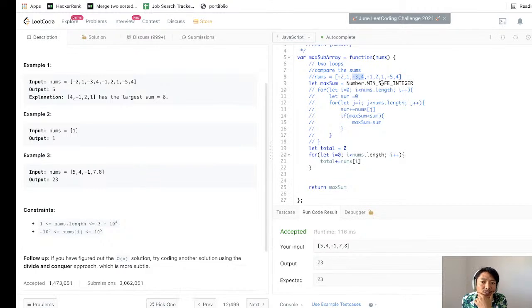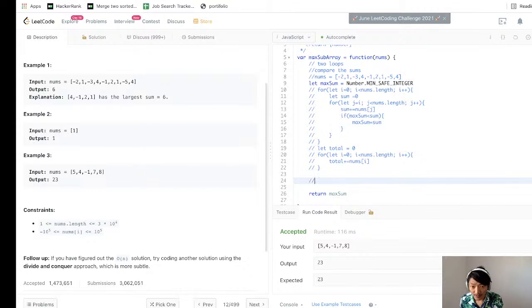So in this case, I will try this. I will try the sliding window.